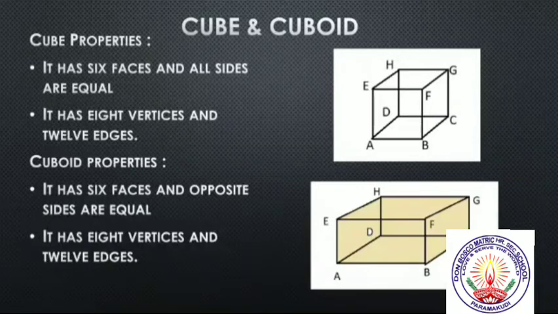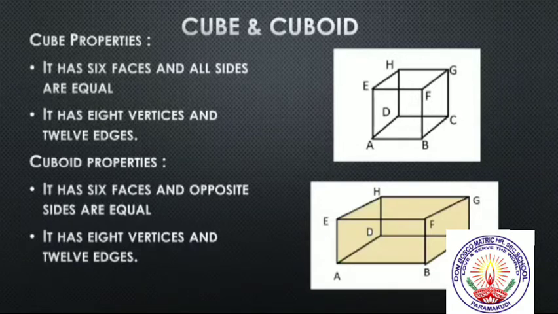It has 6 faces. See this picture. A is 1 vertex, B is 1 vertex, C is 1 vertex. Vertices mean corners. So it has 8 vertices and 12 edges.